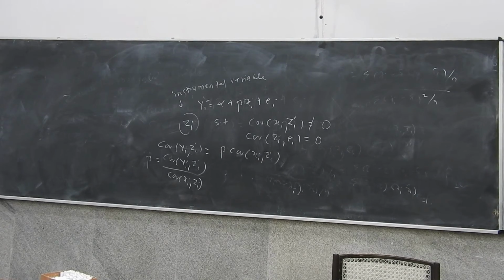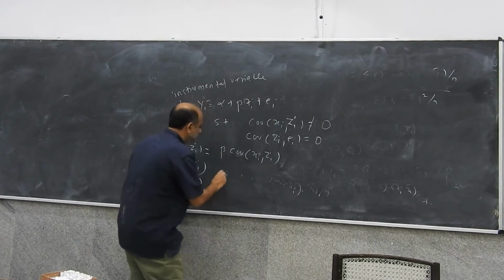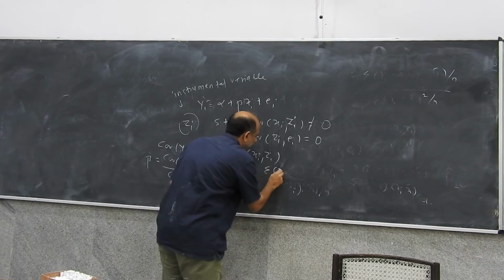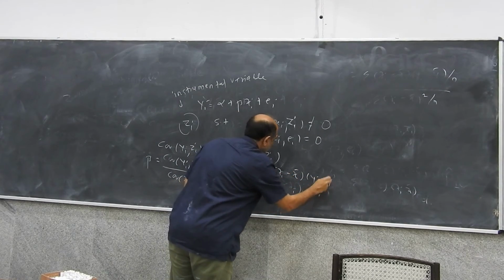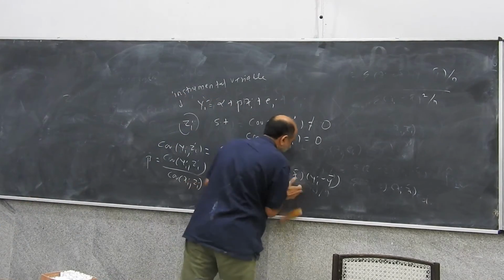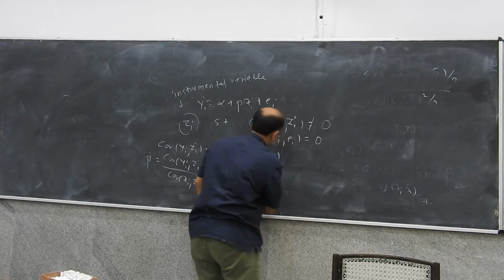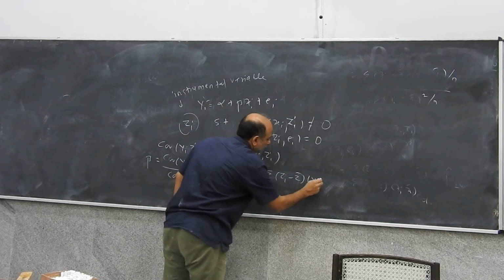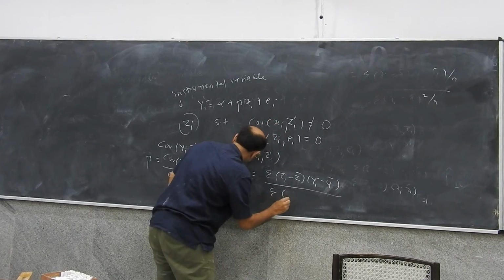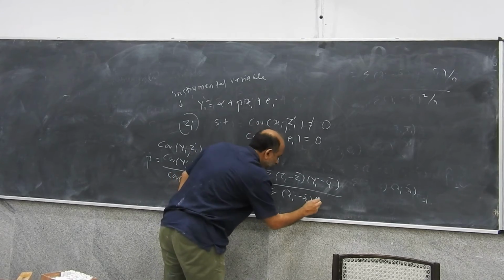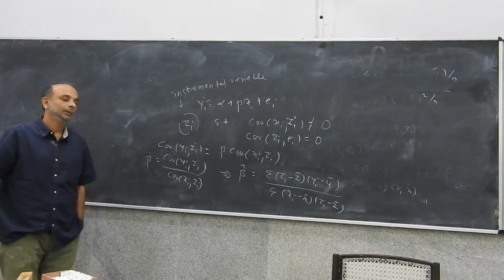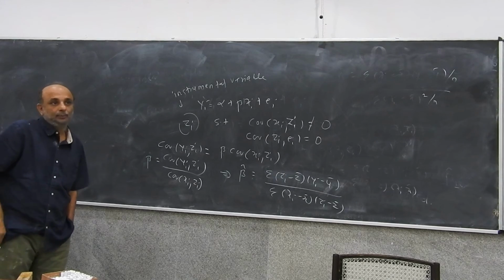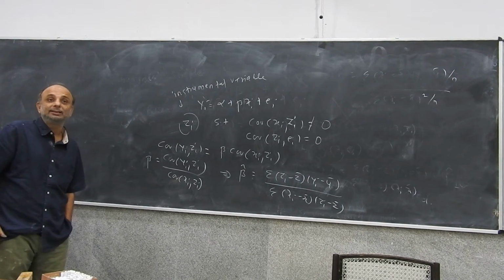So if you have to develop a formula for estimating beta, what will that be? This implies that beta hat is equal to... which is different from the beta hat under OLS, because that is summation xi minus x bar, y minus y bar, upon summation xi minus x bar square.